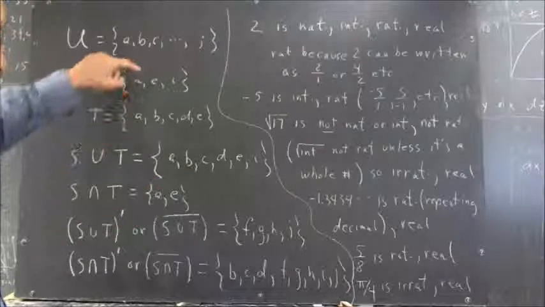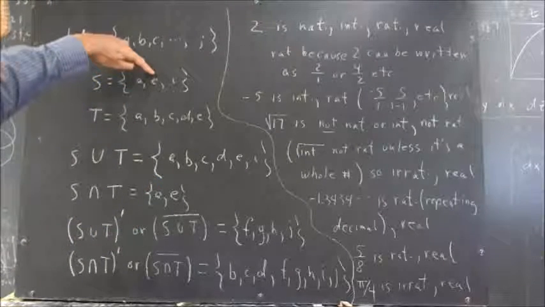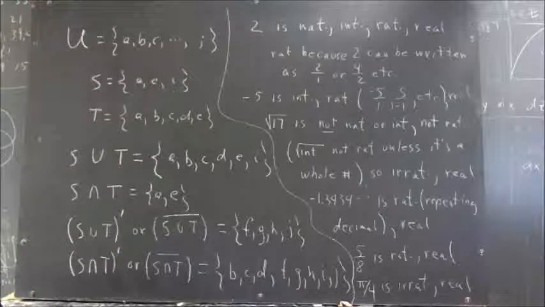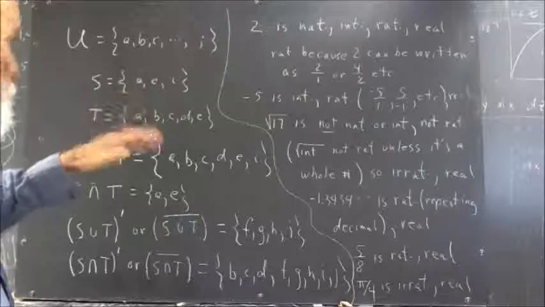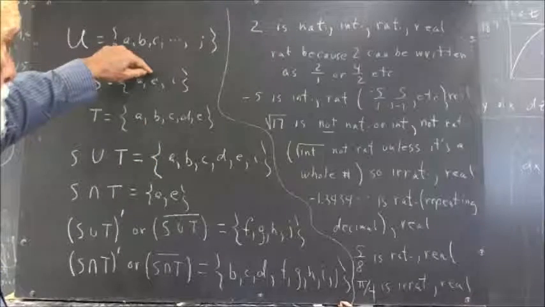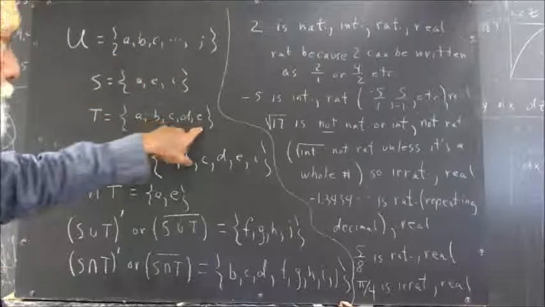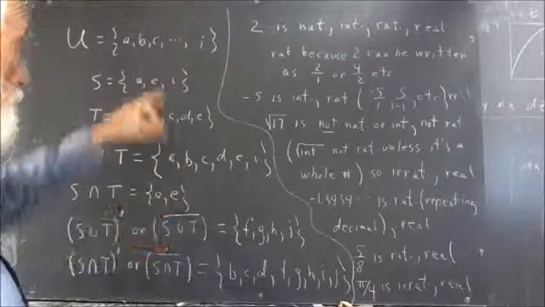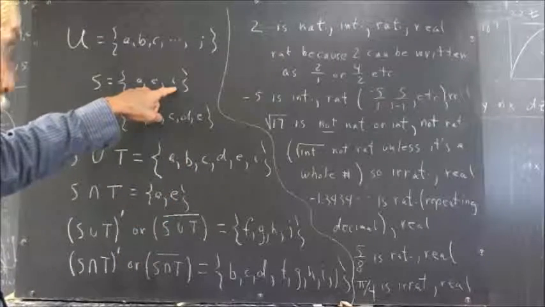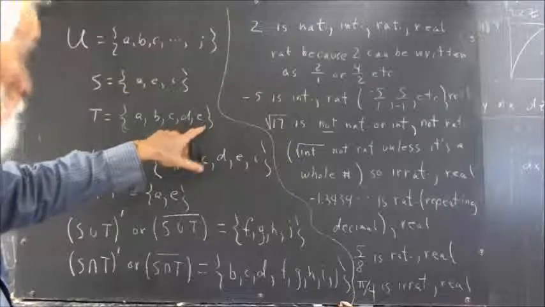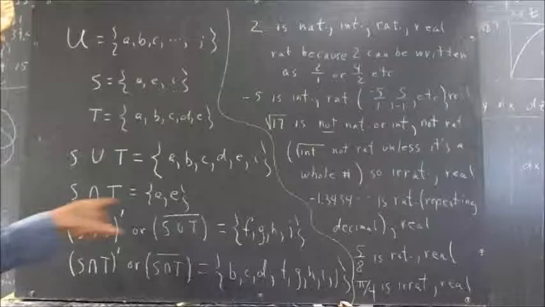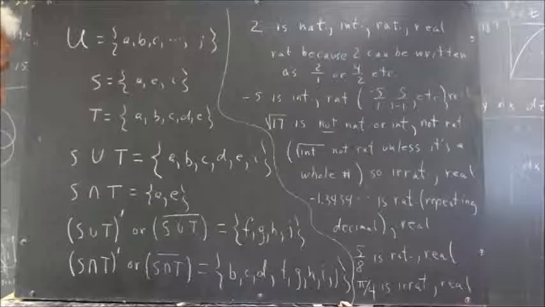E is the next element in set S, and since any element here has to be in both sets, we don't have to consider B, C, or D. We just consider E, and we find that E is also in T, so it goes here. And then I is the only element left in the set S, and it does not occur in T, so it's not going to be in the intersection. So the intersection consists just of A and E.